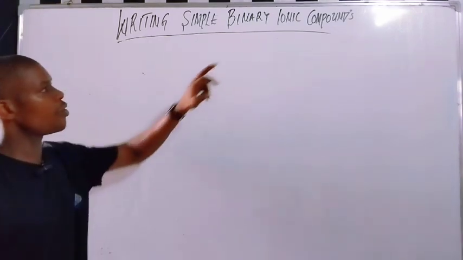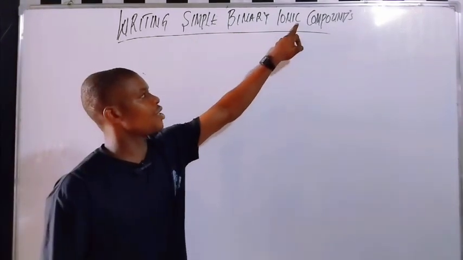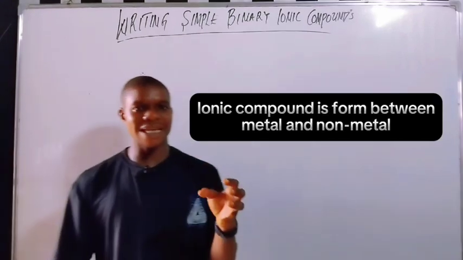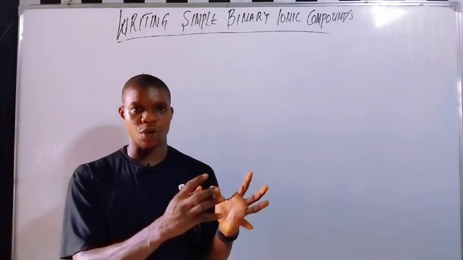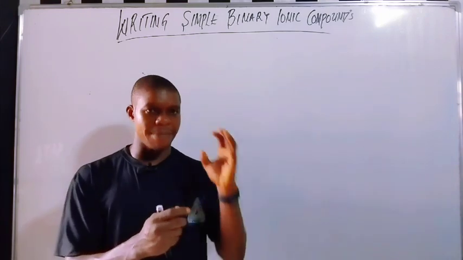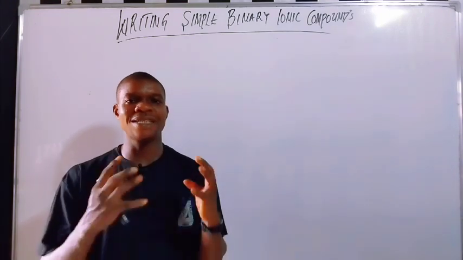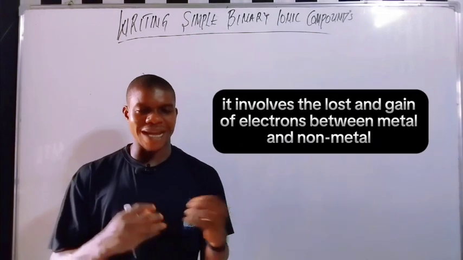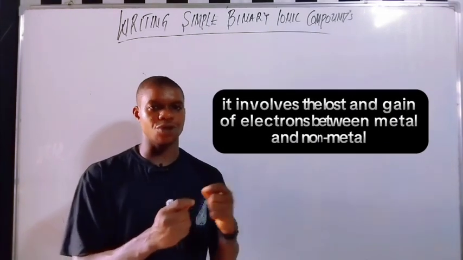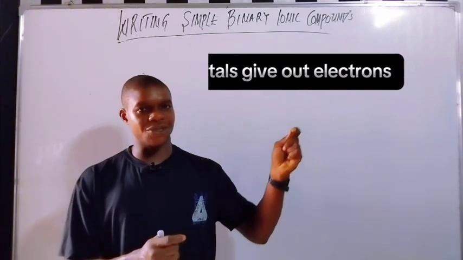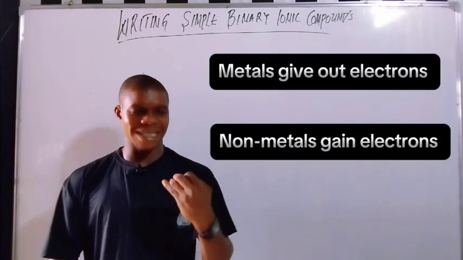So therefore, ionic compound. What is an ionic compound? An ionic compound is formed between a metal and a non-metal. When we talk about an ionic bond or ionic compound, they are formed between metals and non-metals, and it involves the loss and gain of electrons between the metal and non-metal. The metal gives out the electron, while the non-metal accepts the electron.